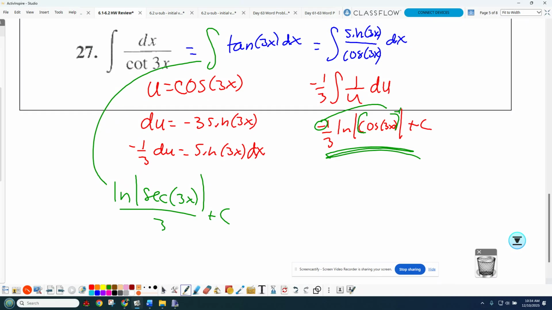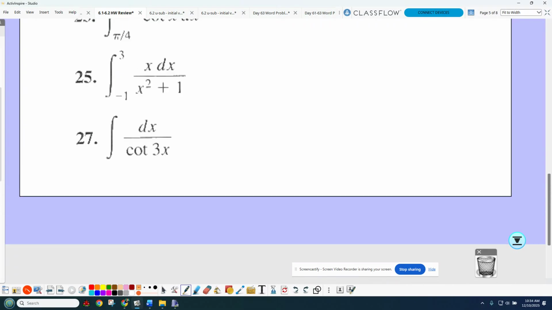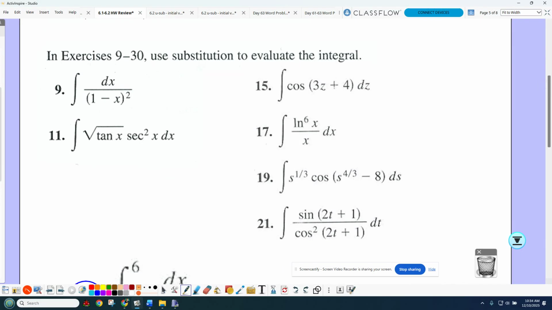This is not wrong. And if you get that, cool. But this fits the pattern to remember things. Any other issues with any of these guys?